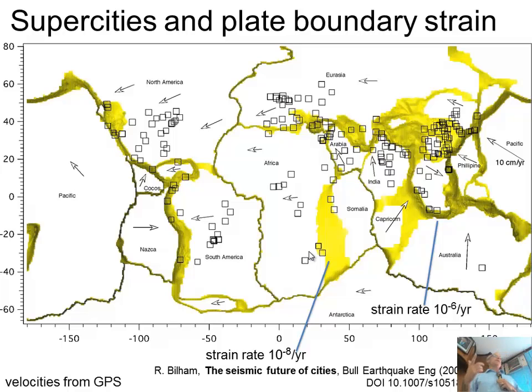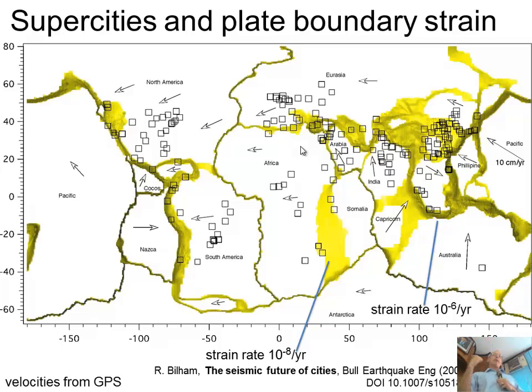So just a few more of these motivating points is another figure from Bilham, where he's showing super cities and plate boundary strains. So super cities are more than a few million people, and then the color shows the strain rate. And so what you can see is there are some big cities that are in continental interiors, so maybe they have a lower earthquake hazard, but there are many big cities like these ones here in Indonesia or China, all along the southern part of the Eurasian collision system, where they live near to high strain rate zones, right?